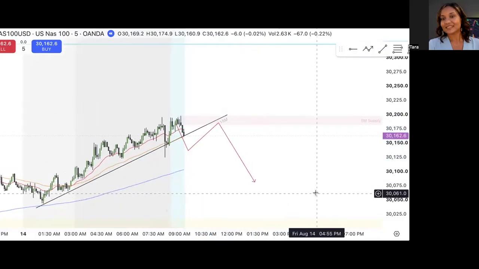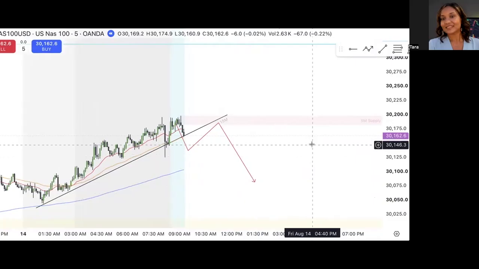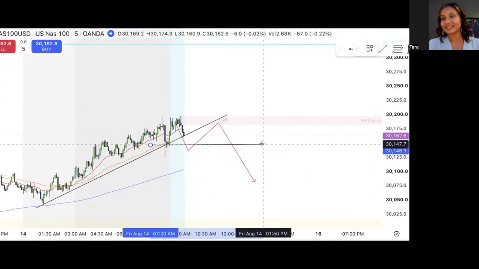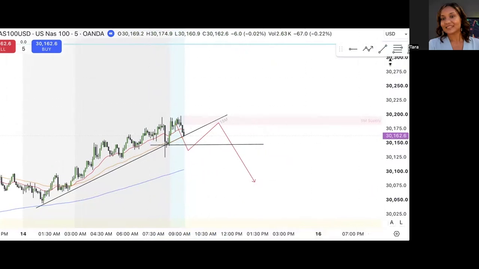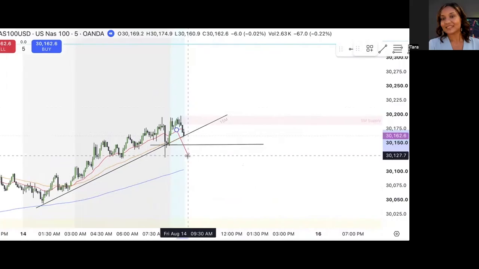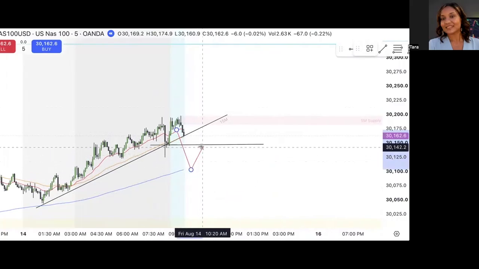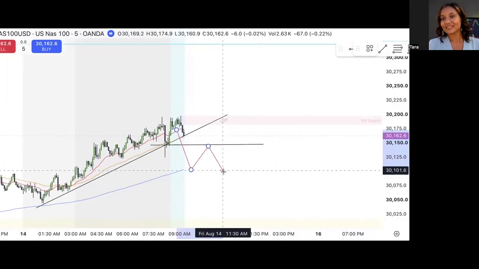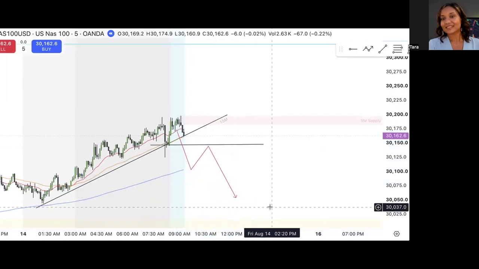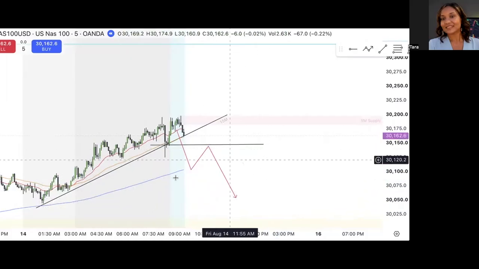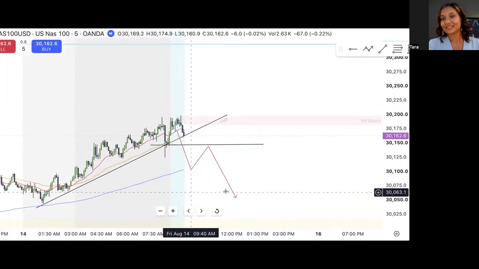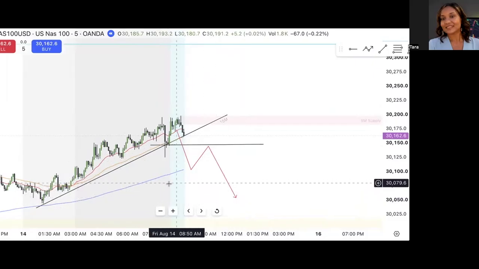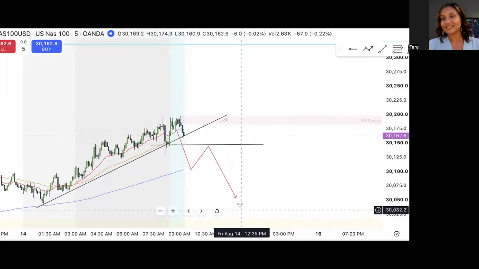So that's one idea. We also know that recently price has been breaking and retesting support turned resistance areas. Price could come down and break, and then just retest the support turned resistance, and continue to the downside. And as we said, this will be a quick trade. Unless price gets all the way down here and starts trading below all three of these EMAs, we know we're not going to be in for long.